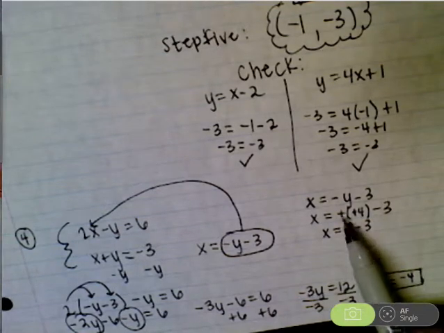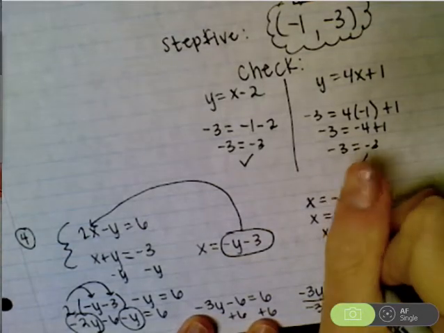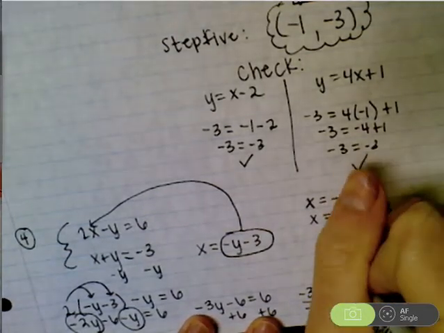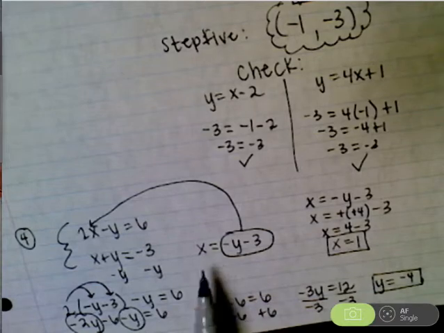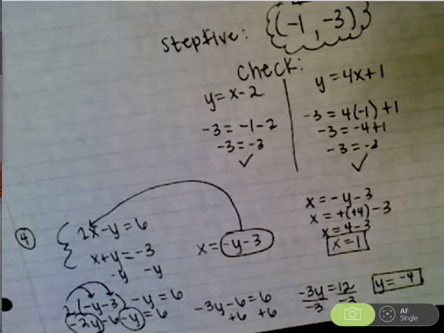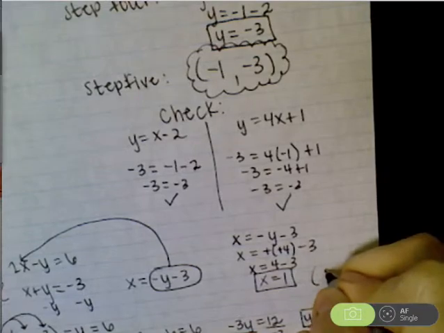Okay. -1 times -4 is +4, minus 3 is 1. It was right here. It's confusing if you don't know how to do it, but if you know how to do it. So what's the ordered pair then, guys? 1, negative 4.